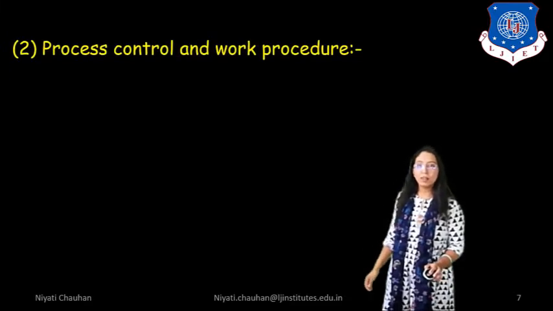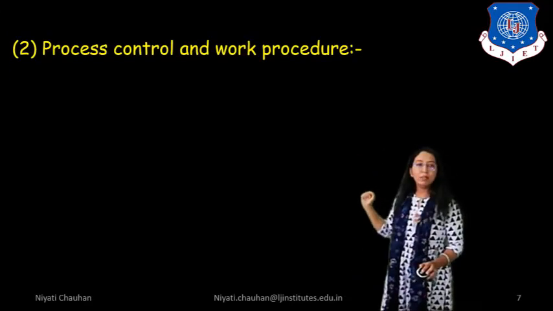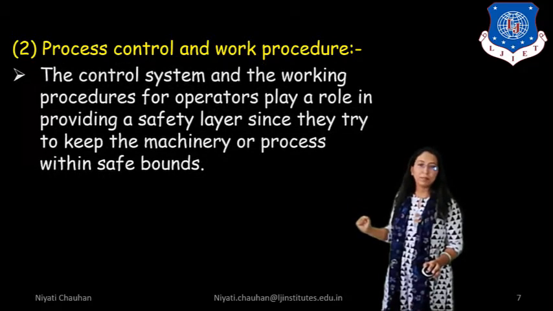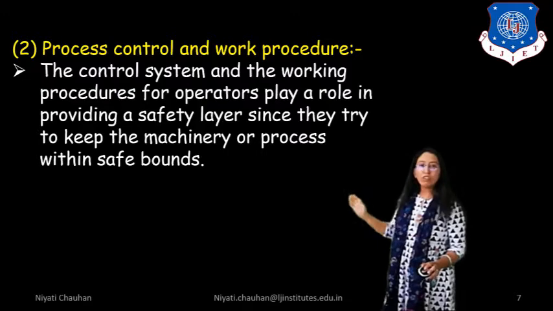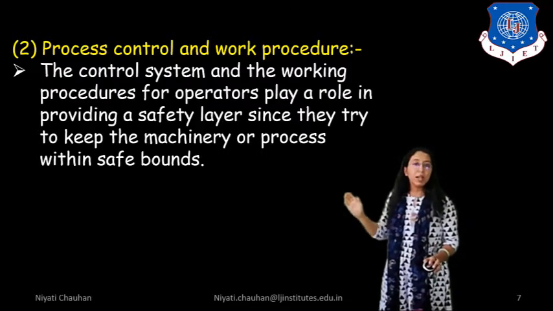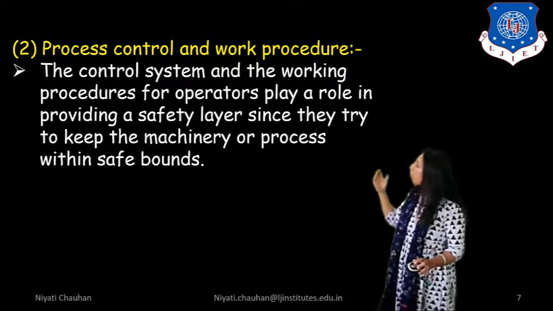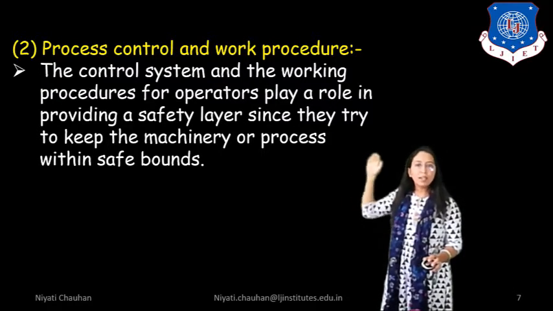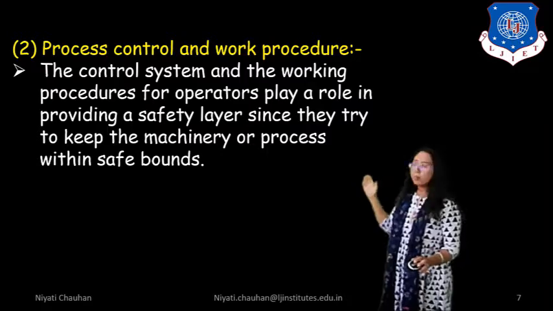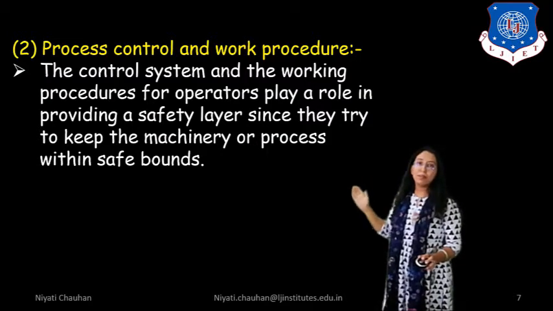Then second, process control and work procedure. The control system and the working procedure for the operator play a role in providing a safety layer, since they try to keep the machinery process within safe bounds.